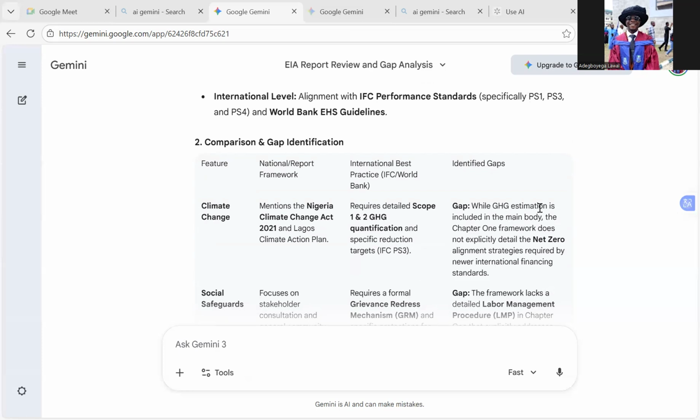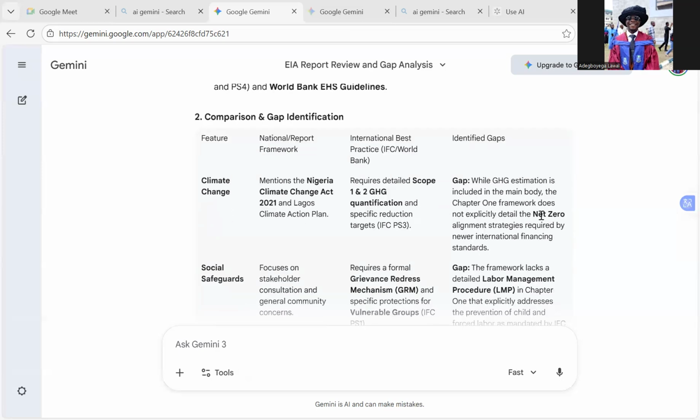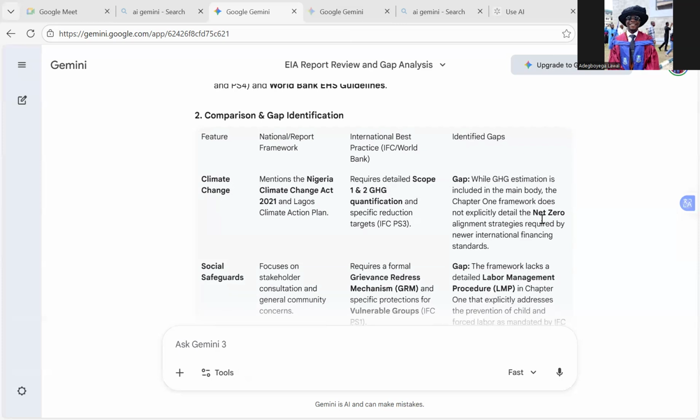The gap is that while the GHG estimation is mentioned in the body of chapter 1, the framework does not explicitly detail the net zero alignment strategies required by newer international financing standards. So these are the gaps in that particular regulation. We might not need to bother ourselves with this, but if you can couch it very well to show how this net zero alignment can come in as a comment, I think it will be a good one also.